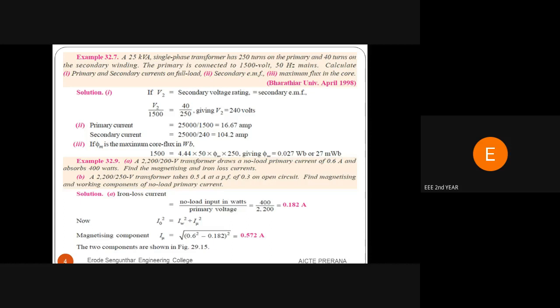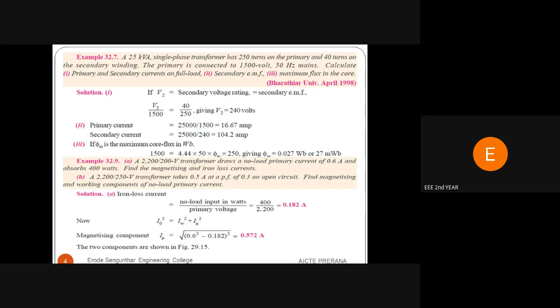The available data is the rating of the transformer equal to 25 kVA, N1 equal to 250 turns, N2 equal to 40 turns, E1 or V1 equal to 1500 volts, f equal to 50 Hz. First we have to determine I1 and I2. How to calculate the primary current?